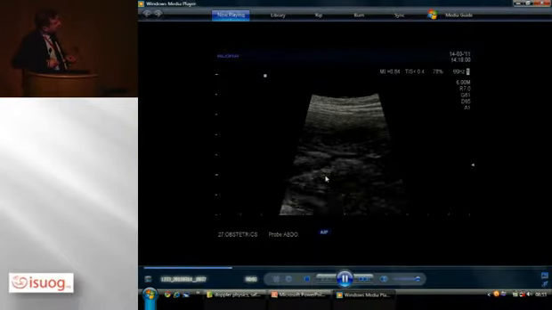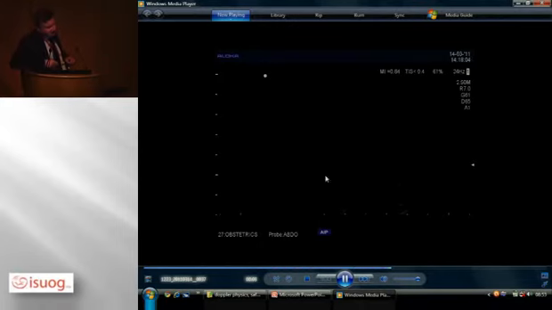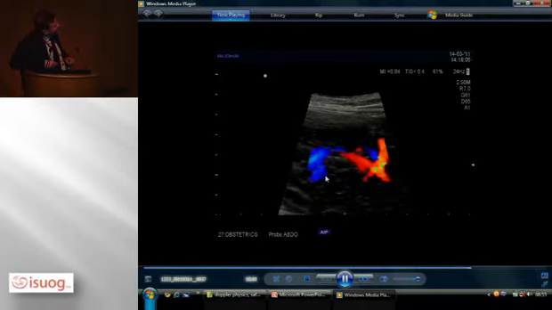Here we are on one of the other machines. See the uterine artery beautifully before we put the color Doppler on there. So you know that's the external iliac artery, and you know where the uterine artery is as well.